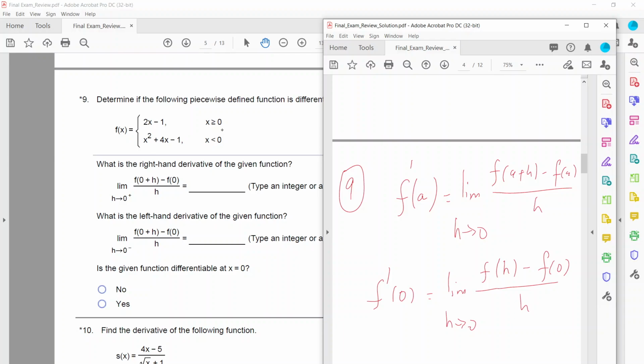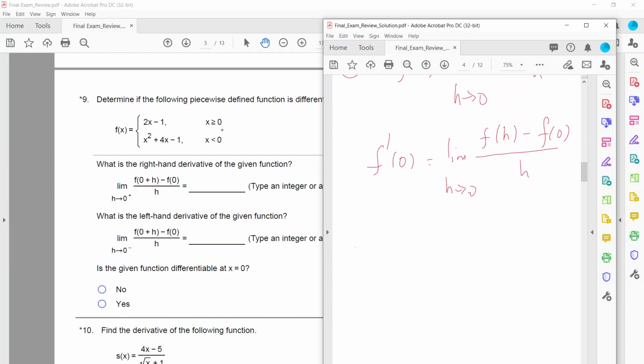So if you try to find the limit when h approaches 0 from the right side, you need to find f of 0 plus h minus f of 0 over h, when h approaches 0 from the right side. For this one, you have to use the right side, the top one, 2x minus 1.